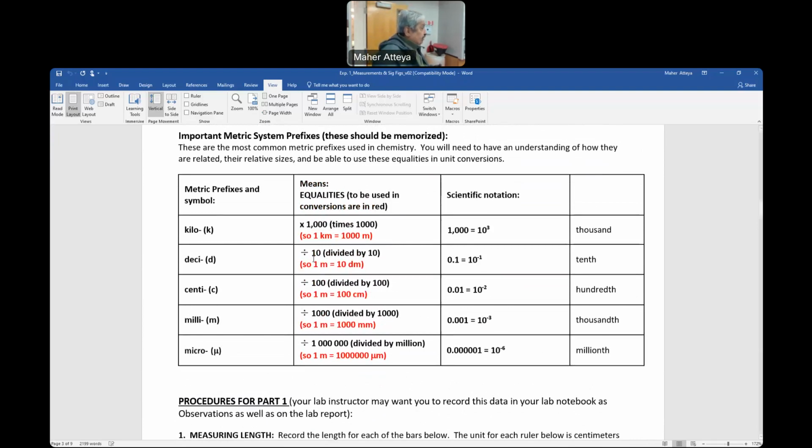So this lab is about doing some conversions. We'll do metric to metric. We'll not do metric to English, but later on you have to be able to do English to metric, metric to English, and even further, metric to SI, the international system.